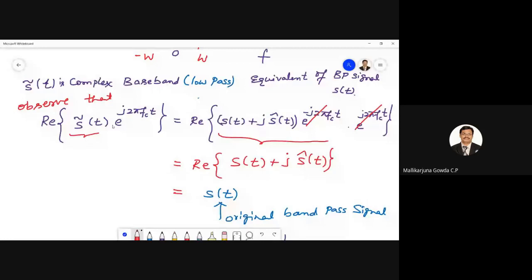So that is S of t plus j S hat of t into e power minus j2 pi fct is the value of S tilde of t, and then e power j2 pi fct I'm writing as it is. So e power minus j2 pi fct and e power j2 pi fct will get cancelled. So I'm writing the rest of the part. In that, real part of this one is what? S of t. So that is my original band pass signal I said. So I am rewriting that one only. So S of t is equal to the real part of S tilde of t into e power j2 pi fct.